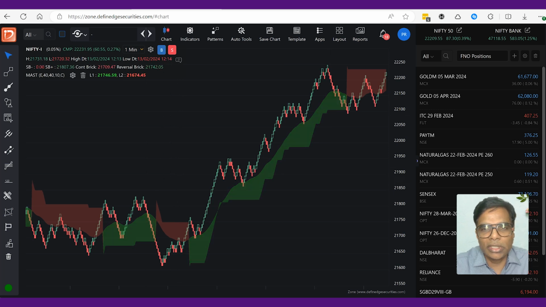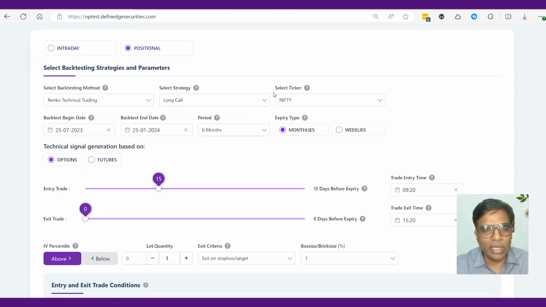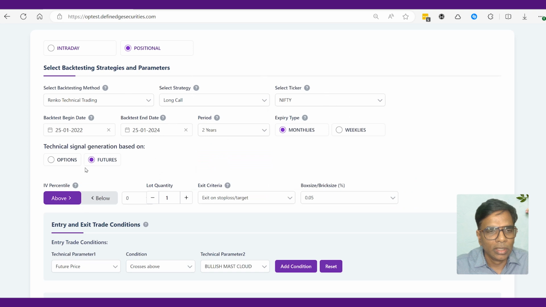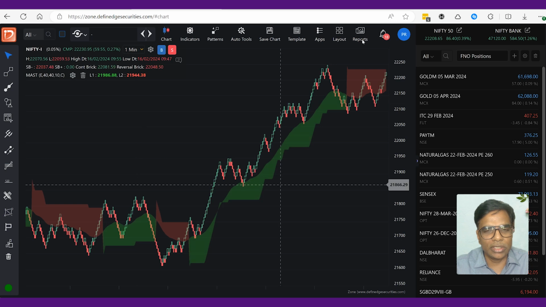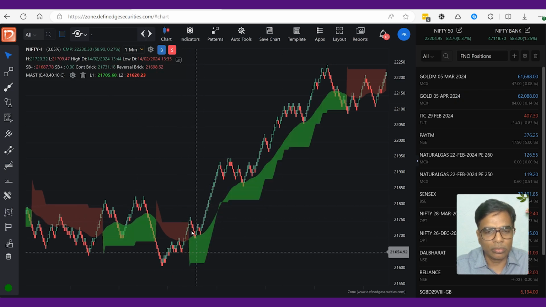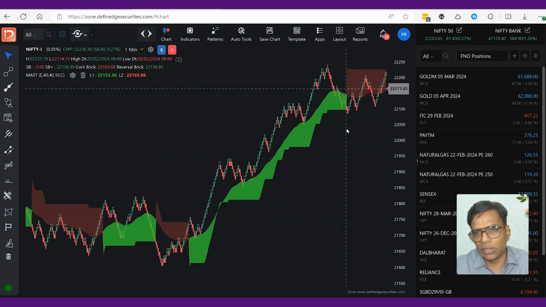Now using this system, I'll show two different strategies. Here, Renko technical trading, long strategy on Nifty. We'll do it for 2 years, and we use monthlies. Now the technical signal generation is based on futures, because here we are using the futures for generating this signal, right? Signal above bullish MAST and below bearish MAST, which is in red color.